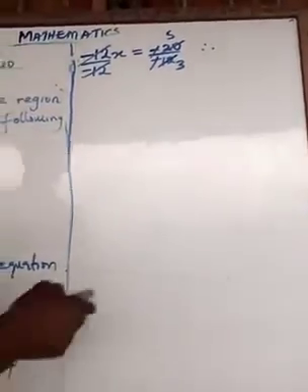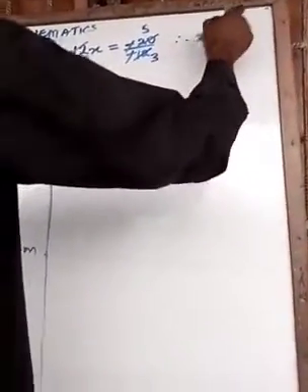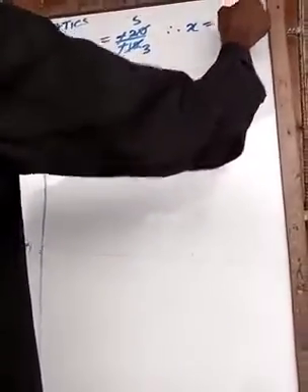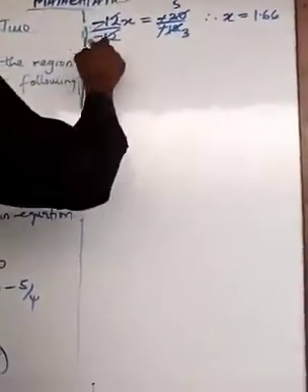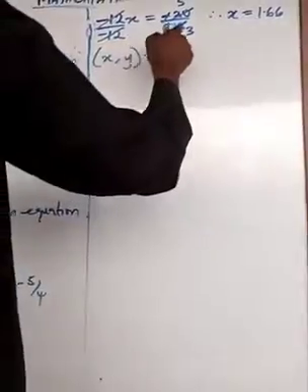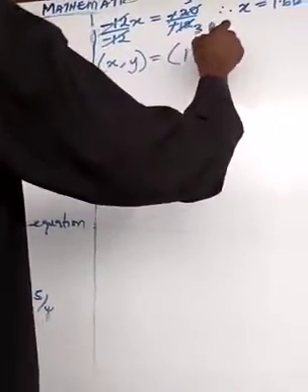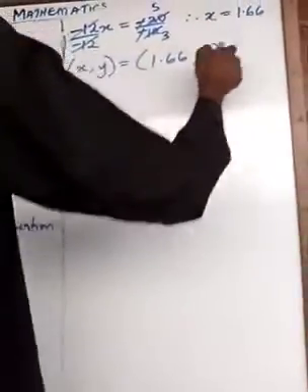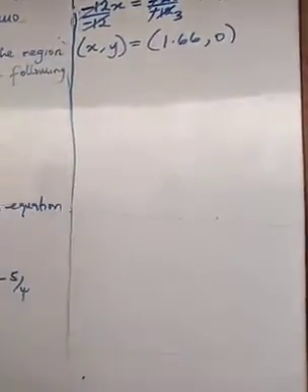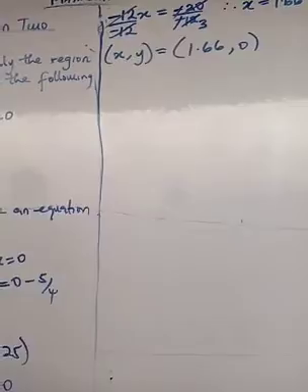So if we divide this, x is 1.67. So that means for this second part, when x is 1.66, y is 0.